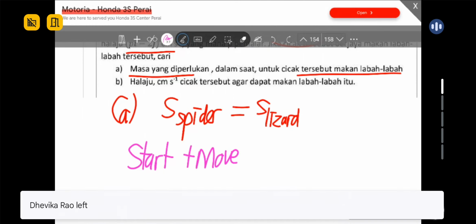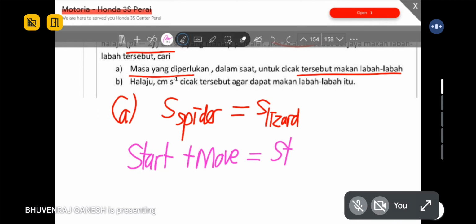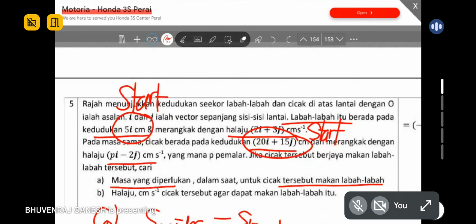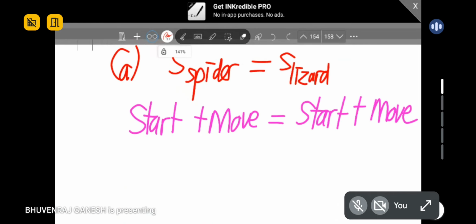That's how you count the distance that you travel. So it's the same for the lizard. You must take the starting position plus how much it moves. So the starting position for the spider, laba-laba, is 5i. If the question says 5i, you just write 5i lah, to be simple.